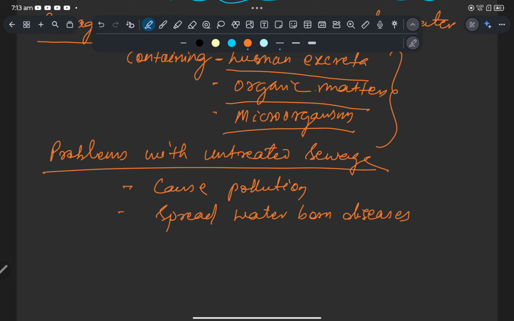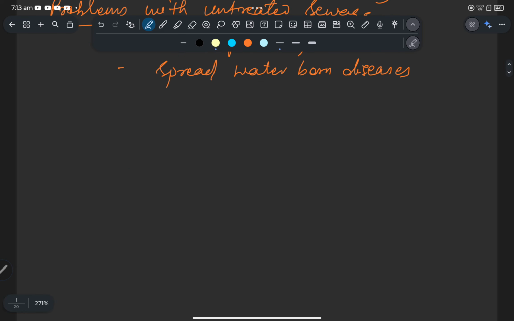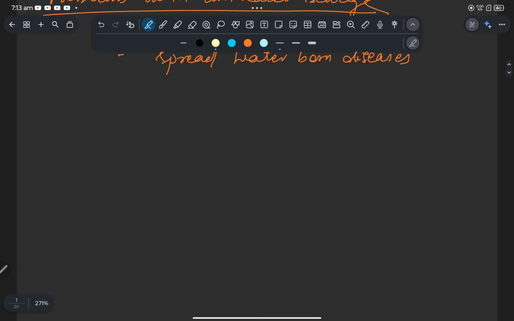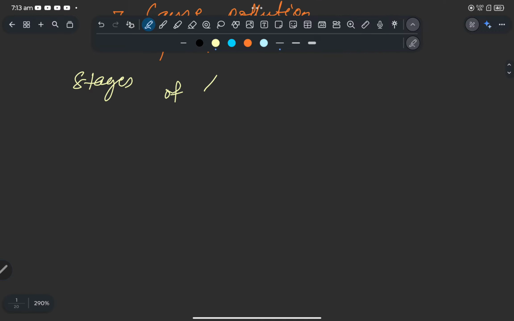Now let us see what are the stages of sewage treatment. This is the main topic, today's topic, stages of sewage treatment.